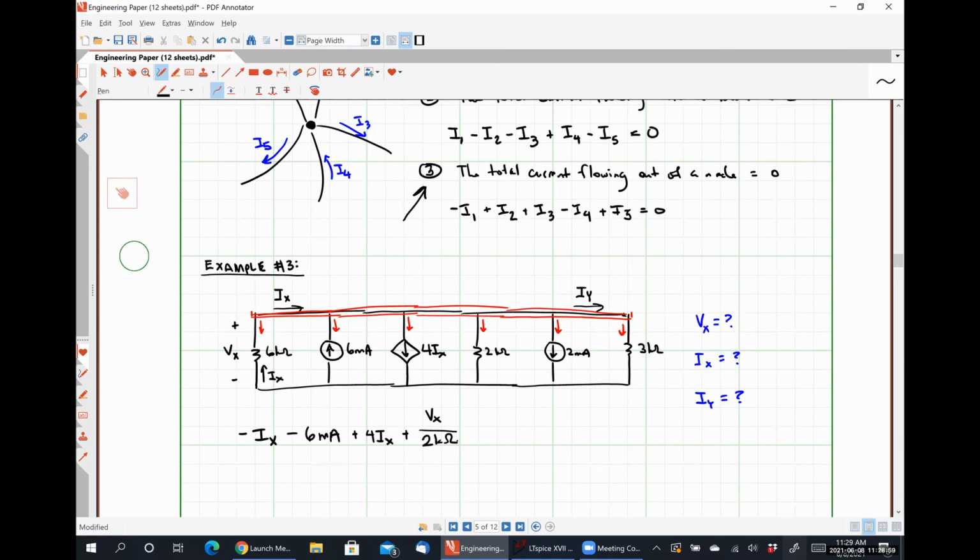My voltage Vx, which is defined way over there on the left-hand side of the circuit as the voltage drop over the 6 kilo ohm resistor, has the positive polarity terminal associated with the top node of the whole circuit. Similarly, the negative polarity terminal is associated with the bottom node of the whole circuit. So because everything is in parallel, Vx is the voltage drop over every circuit element in this circuit. Positive polarity on top, negative polarity on bottom.